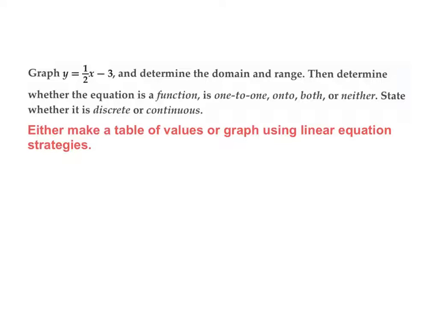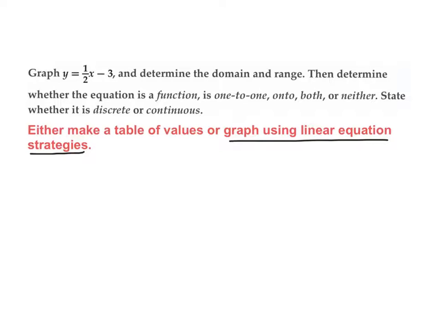This part over here, graph using linear equation strategies, I'm being kind of vague on that because this is something that I teach during Chapter 2, but it's also something you've learned before. You've learned the slope-intercept form and how to graph a y-intercept and use the slope to find another point. I'm going to cover that again, but it should be review.